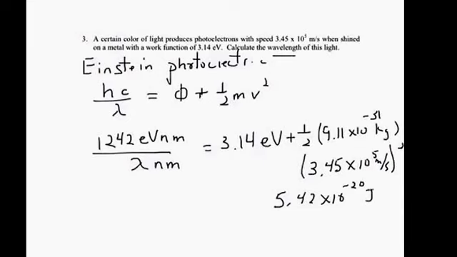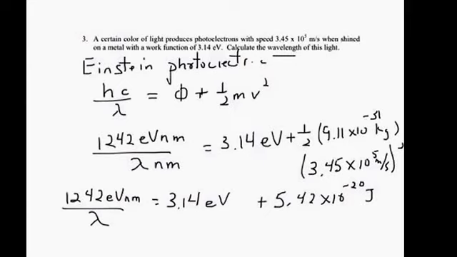At this point, I have 3.14 electron volts, and on the left-hand side of the equation, I have 1,242 electron volt nanometers over my wavelength. So the only unit that I'm not happy with is my joules.